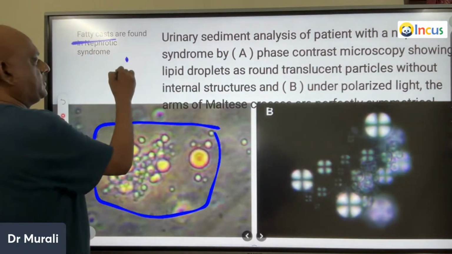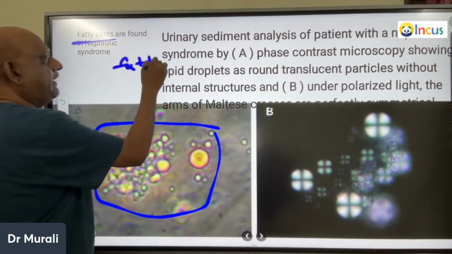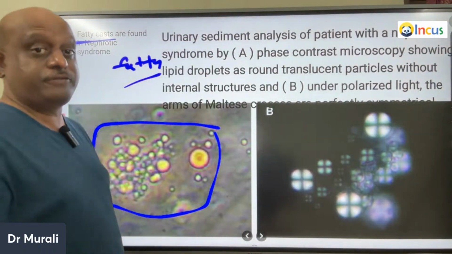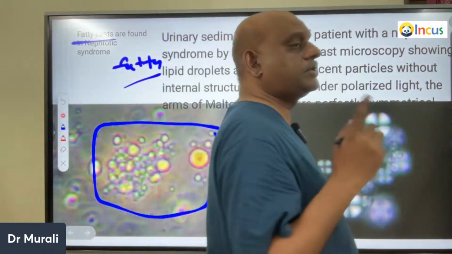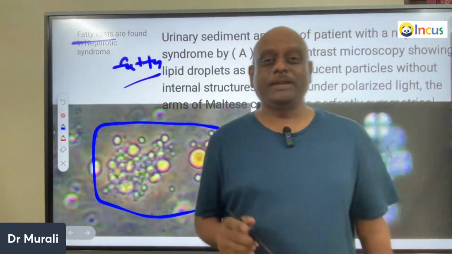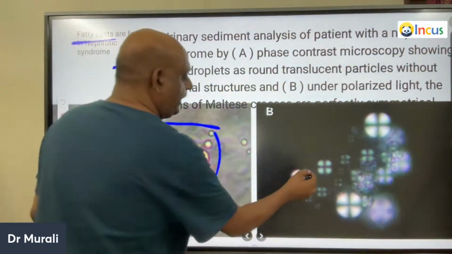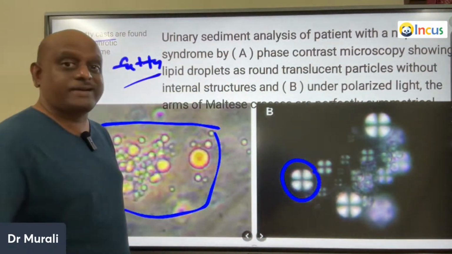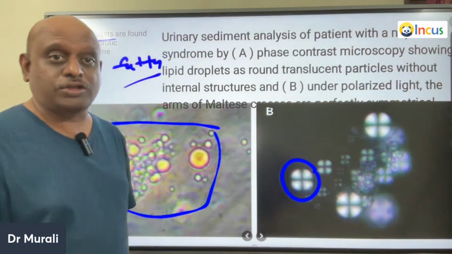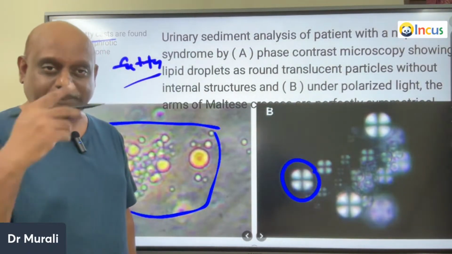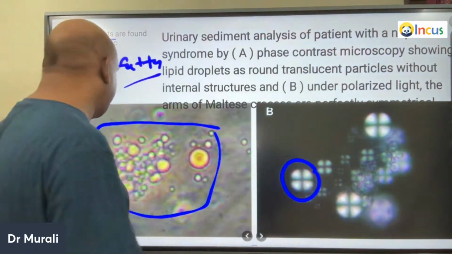So fatty casts, what do you get? Fatty casts are the feature of nephrotic syndrome where you find the fatty casts is what you should know, and they have a Maltese cross appearance is what you need to remember.